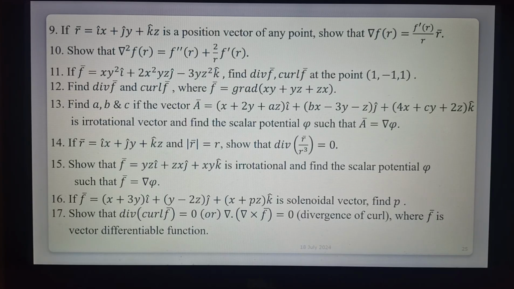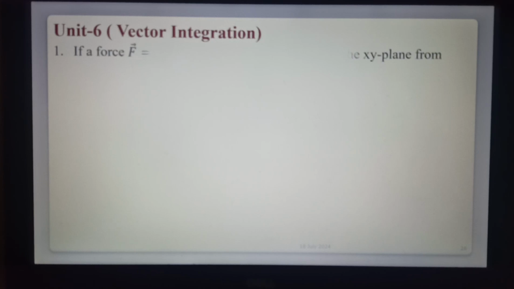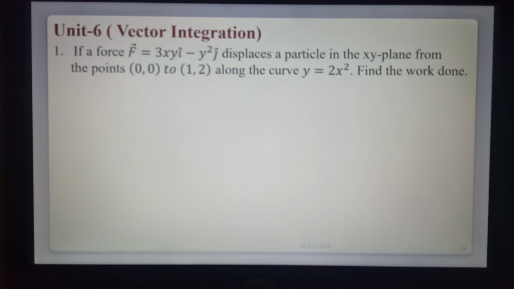Okay, so next one, vector integration. Okay, so first question here, if a force f bar is 3xy i minus y square j displaces a particle in the xy plane from the point 0 comma 0 to 1 comma 2 along the curve y is equal to 2x square, find the work done.